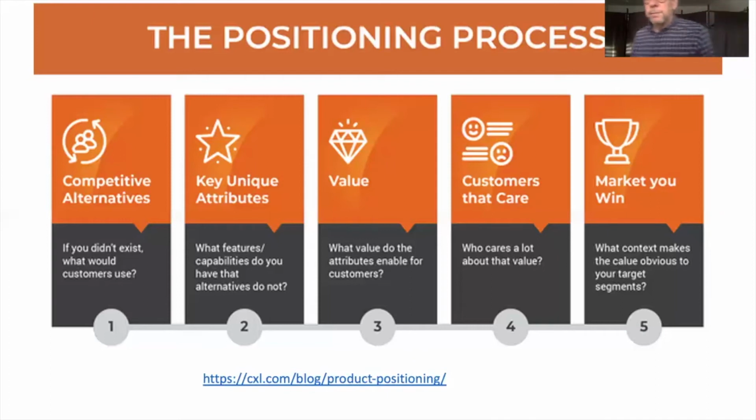Then we come to the value proposition. What value do these attributes give to the customers? What is our value proposition? Why are all the features of our service much better than any other alternative offered to the customer?